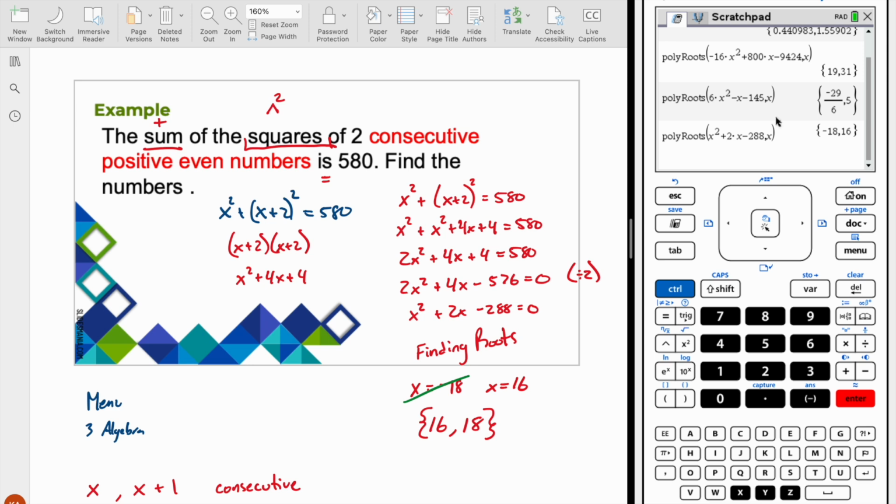And we end up with 16 and negative 18. Because of the fact that we cannot have a negative number, our final answer here would be 16.